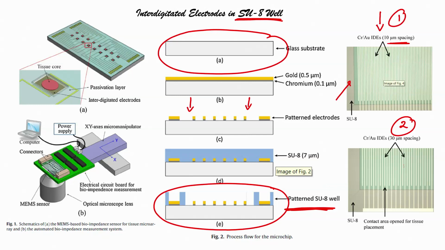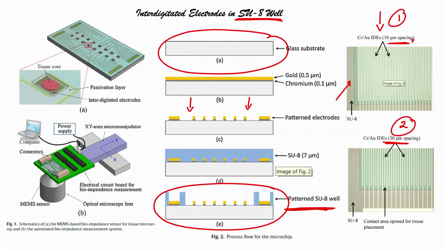The spacing in figure number 2 is 30 microns. The width of each electrode is 10 micron. So, 10 micron width, 10 micron spacing; 10 micron width, 30 micron spacing. Okay. So, this is how we can fabricate interdigitated electrodes in an SU8 well.